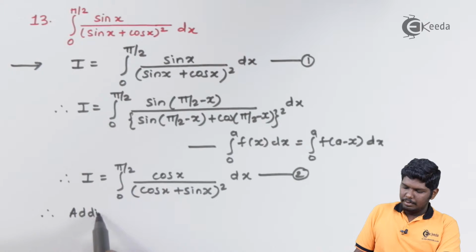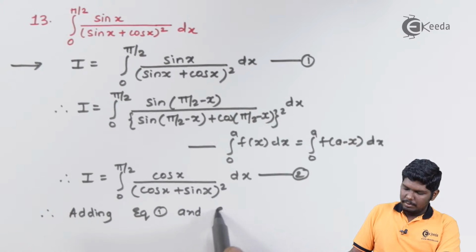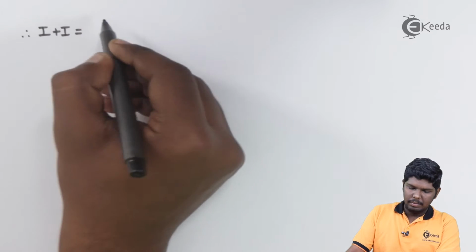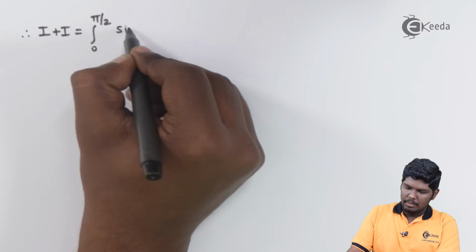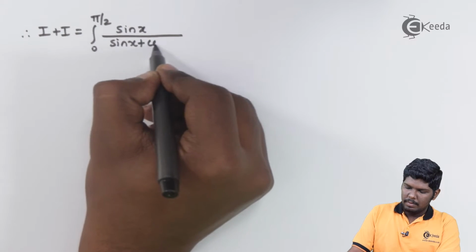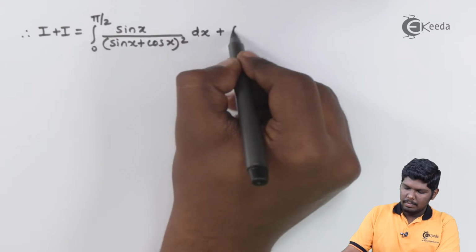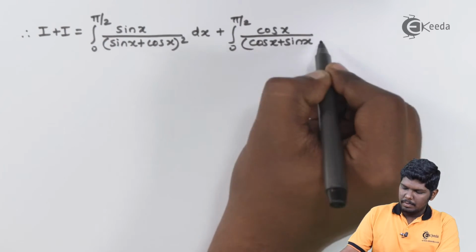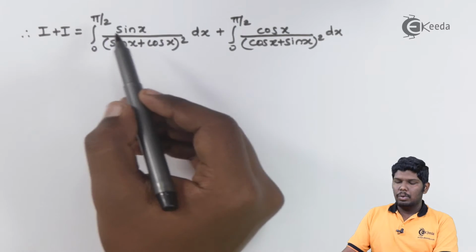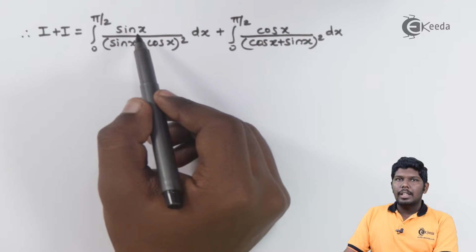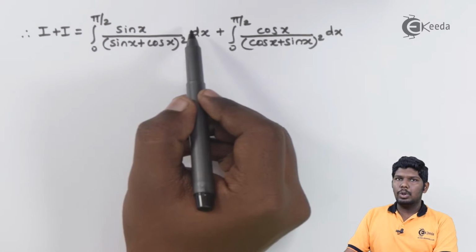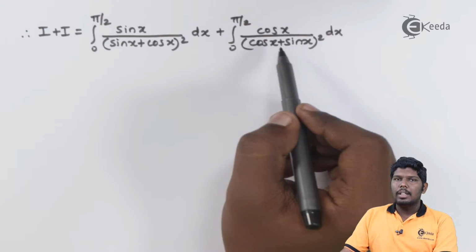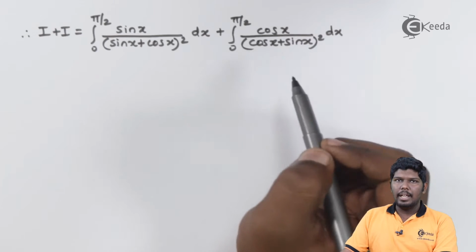Therefore, adding equation number 1 and 2, we have I plus I is equal to integral 0 to pi by 2 sin x upon (sin x plus cos x) the whole square dx plus integral 0 to pi by 2 cos x upon (sin x plus cos x) the whole square dx.